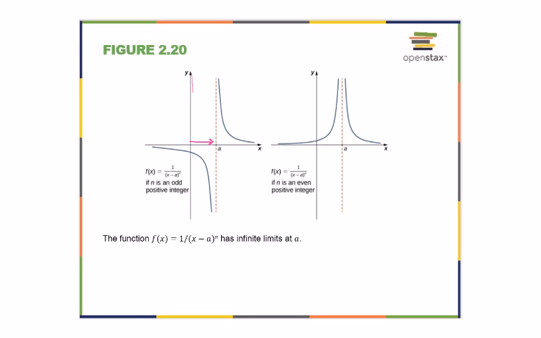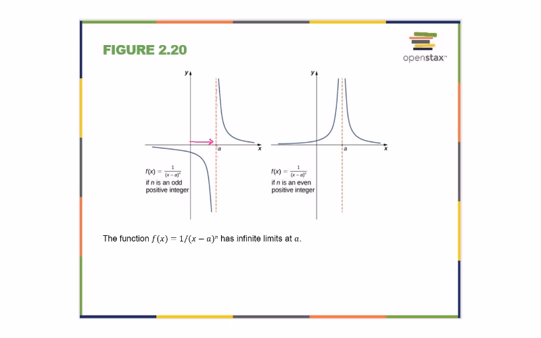So instead of the y-axis being the horizontal center, now we're going to have a horizontal center at x equals a, okay? So x equals a will be that boundary there, and we'll talk about what that boundary is called in a little bit. But it's the same graph, right?